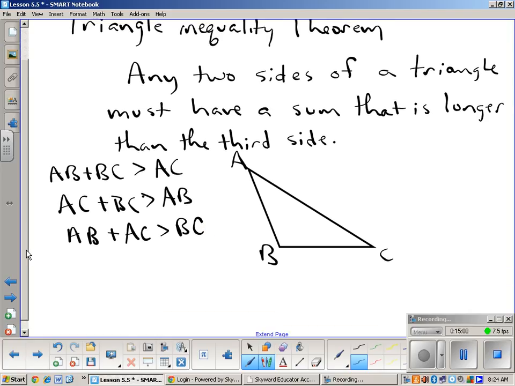I'm sure they worded it more eloquently than I did, but this is the point of what the theorem is saying. Any two sides added together must be bigger than the third side. And so that's the problem we had with our straws. Occasionally, two of the straws were too short to add up to be more than the length of the third straw. Okay?